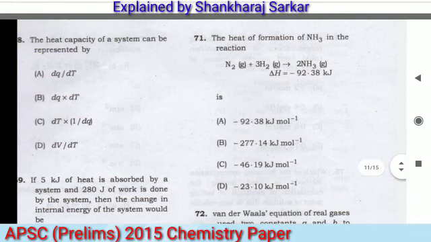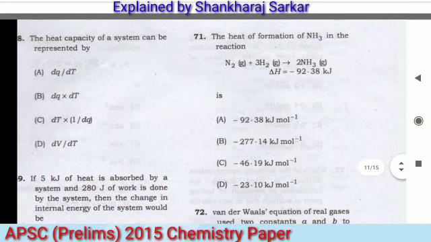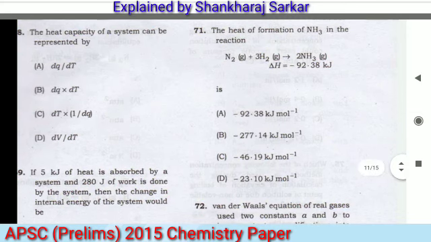This reaction is given. Now clearly we can say that after reaction of 1 mole of N2 and 3 mole of H2 we get 2 mole of NH3. But the question is, what is the heat of formation of NH3, means 1 mole of NH3. So if we divide the value of delta H by 2, then we will get the required answer. So if we divide minus 92.38 by 2, we will get minus 46.19 kilojoule per mole, and so option C is correct.